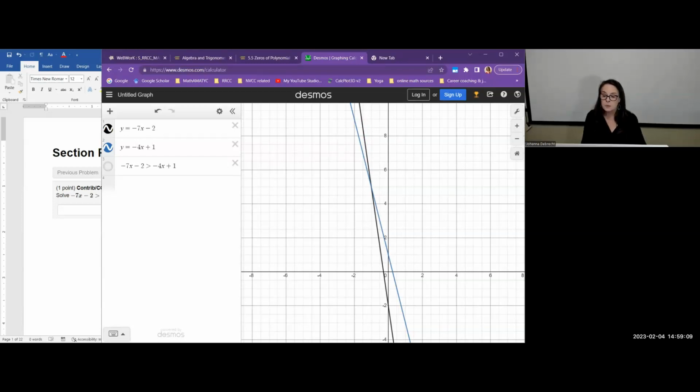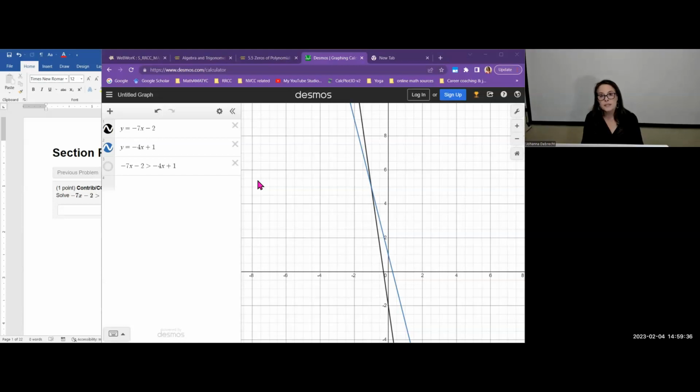Looking at these points, definitely the black is above the same y value on blue. But down here, that's not true. Here, the blue is above the black. So it looks like starting at this number and going to the left, I have places where the black line is greater than the blue line.